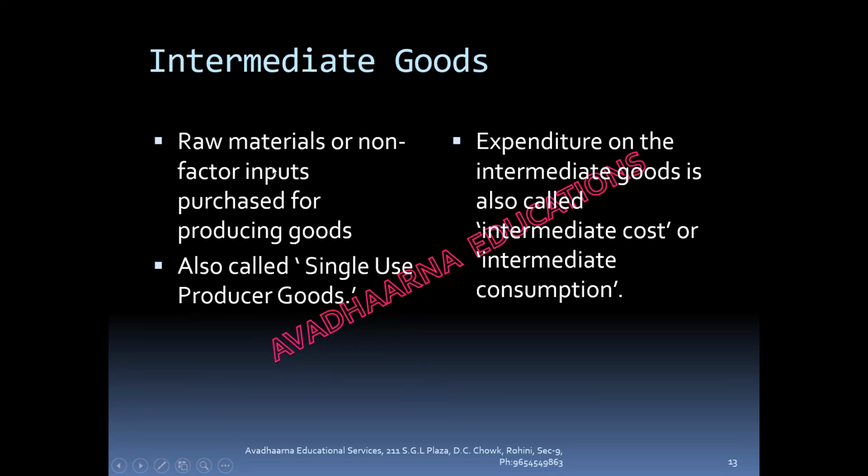They are purchased for producing goods, and such goods are known as single-use producer goods and they are intermediate goods. The second is that expenditure on intermediate goods is called intermediate cost or intermediate consumption.